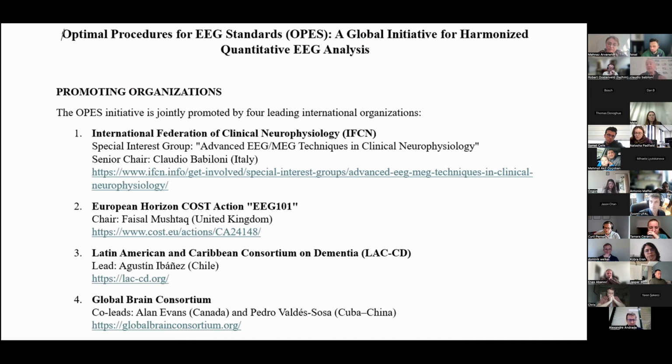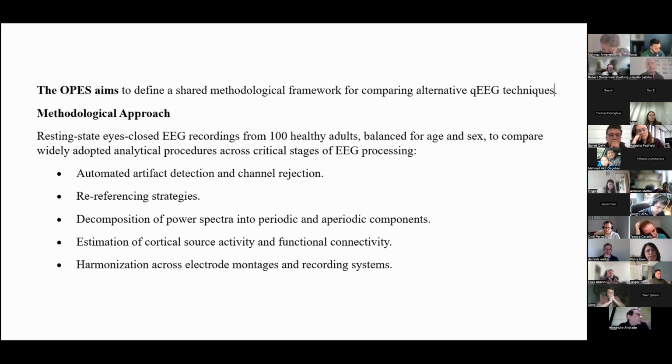For this reason, we discuss within the COST Action EEG101 and other communities of EEG experts the optimal procedure for EEG standards, an international initiative collecting the contribution of different organizations that you see in the slide. The aim is to define a methodological framework to compare alternative EEG techniques.